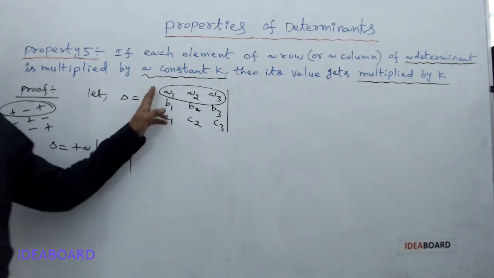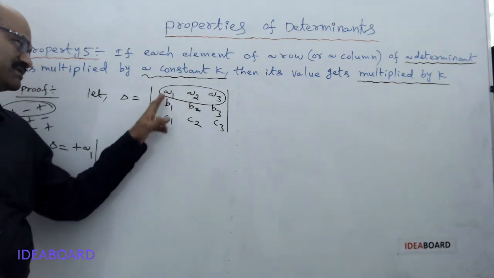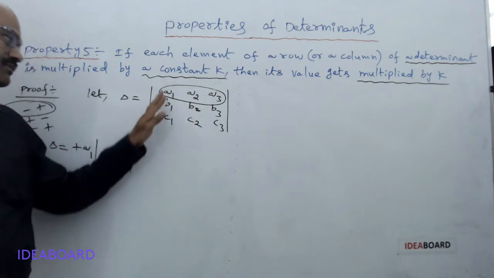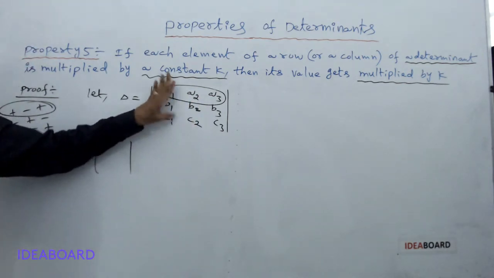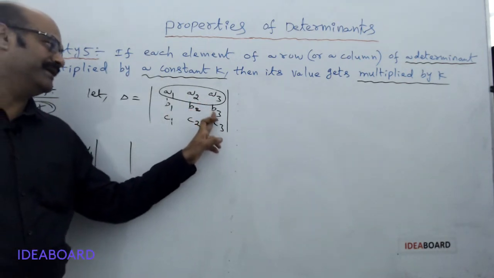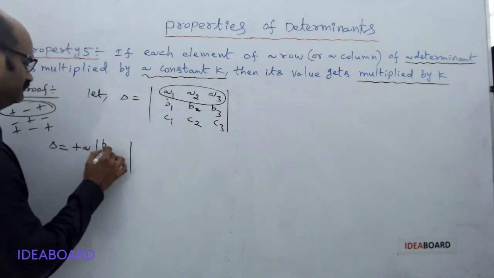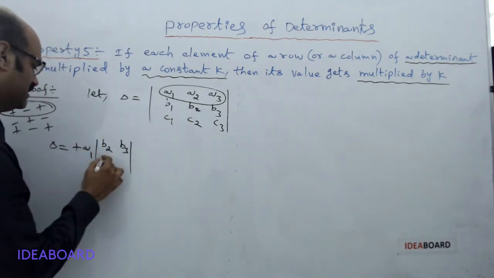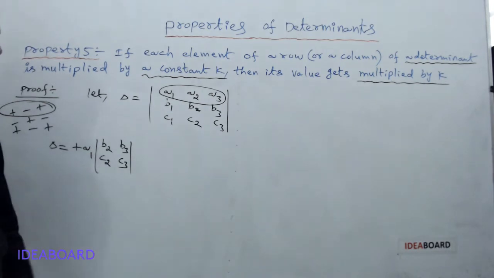Minor of a1 means remove first row and first column, since element a1 lies in first row and first column. So the four elements are b2, b3, c2, c3.